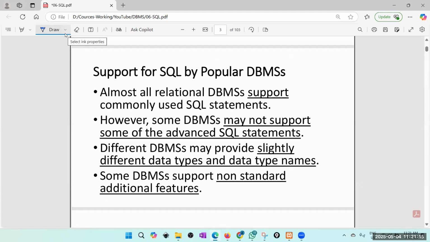But that is very minimal. So therefore, when you port an application from, say, MySQL to Oracle, you may need to do small changes, but the majority of the things you don't need to change. Not only the database structure, even our programming code. Okay, because the majority of the databases support the majority of SQL. Right.